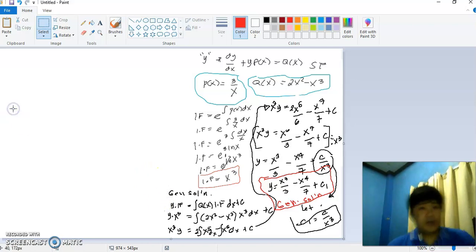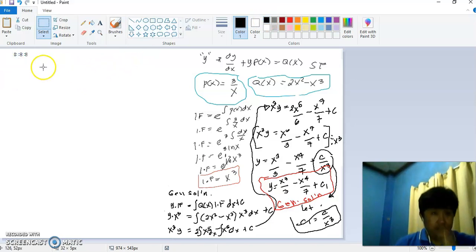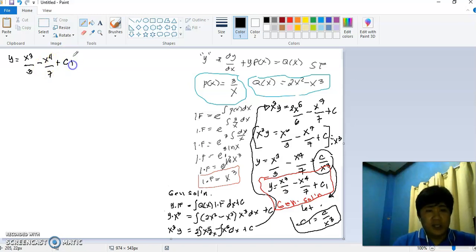From here, we've seen that our general solution is y equivalent to x cubed over 3 minus x raised to the power 4 over 7 plus c sub 1.